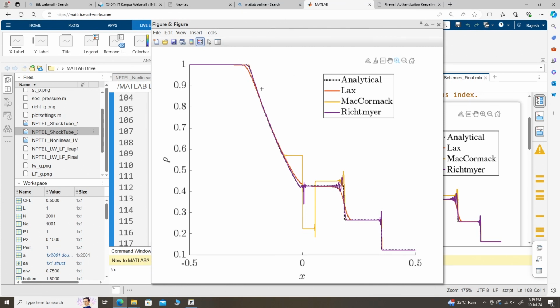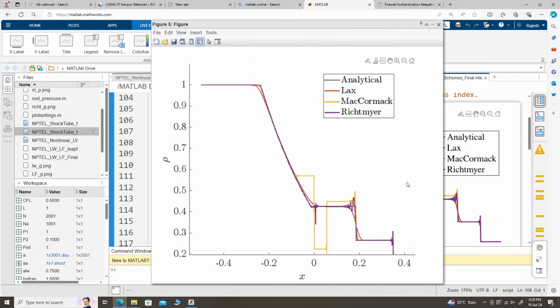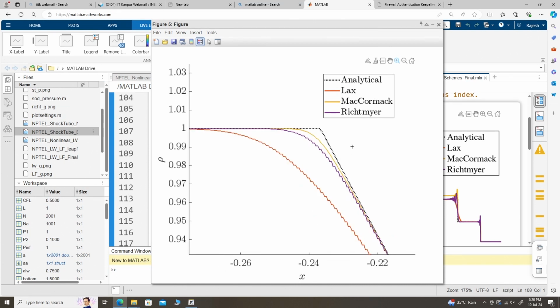Here, if you see in the region where the expansion fan starts, it is not able to make it big. Here you can see the black one is analytical and the Lax-Friedrichs has the maximum dissipation, and the McCormack has got least dissipation, but it has got some funny behavior elsewhere, and then this is Richtmyer.